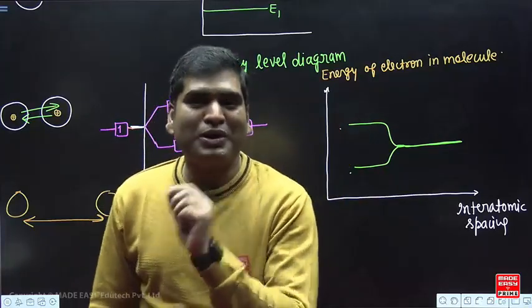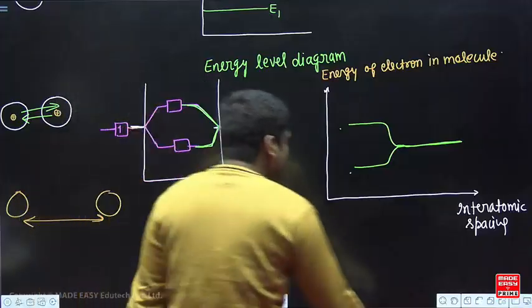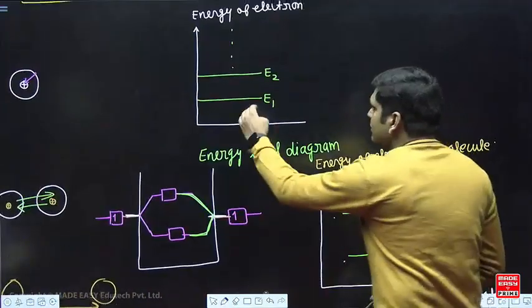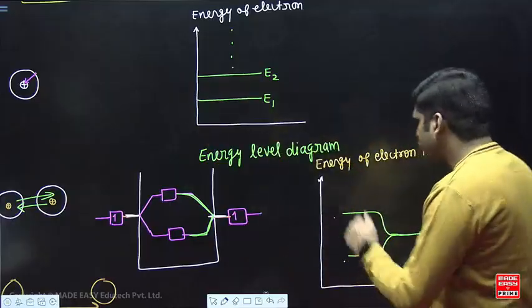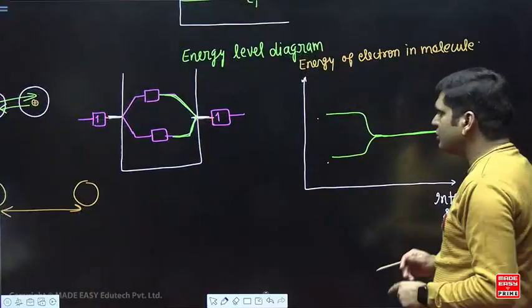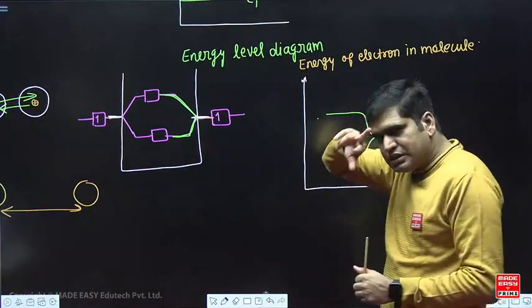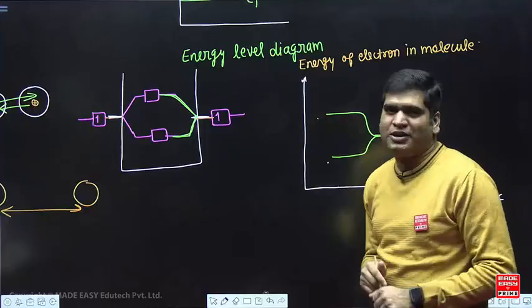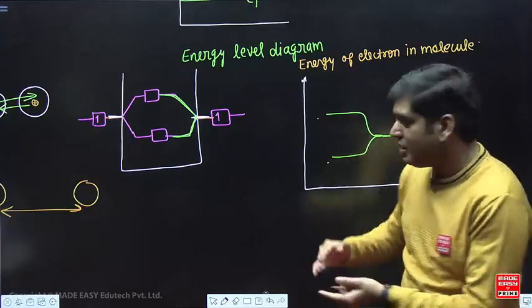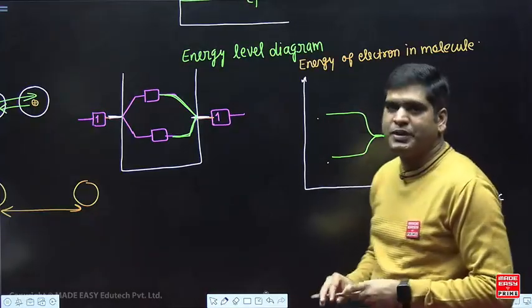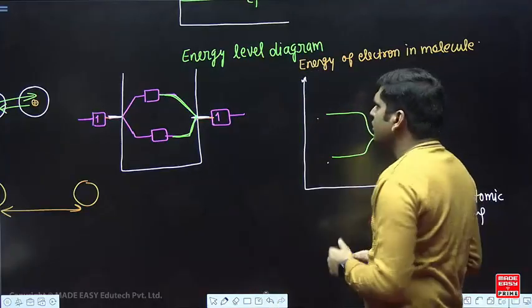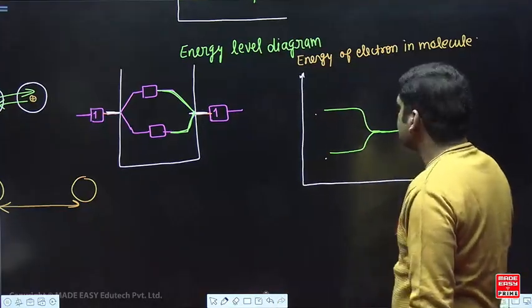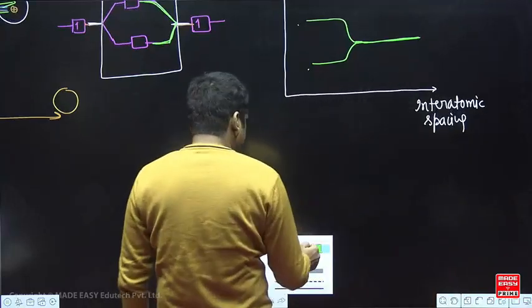One more important observation: when there was a single atom, energy was represented in terms of discrete energy levels. When two atoms come closer to each other, energy is split into two different energy levels. For the same electron, energy will have a certain difference. Still you have two energy levels, so it will still be known as an energy level diagram.